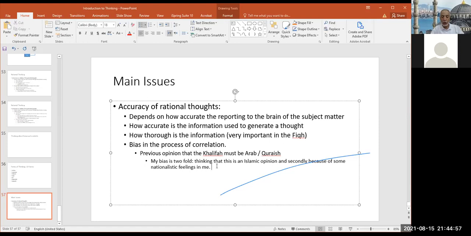There is one more issue which is very important to understand, which I will call the confusion between thought and instinct.